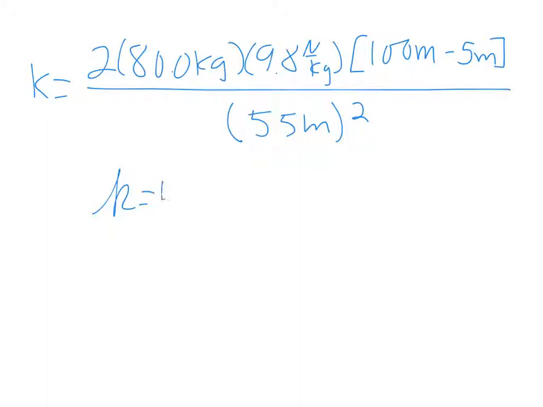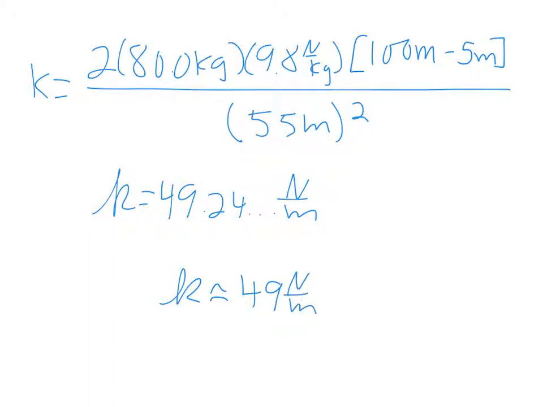So this comes out to 49.24, keeps on going, newtons per meter, 2 sig figs. So k is approximately 49 newtons per meter.